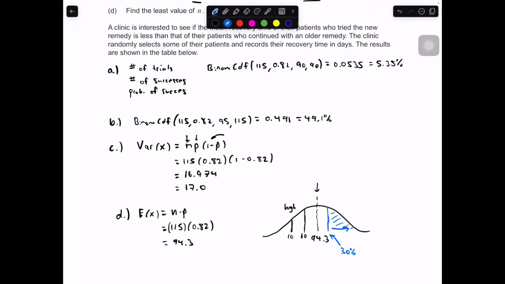So like you're in a boardroom or something like that, and you say optimistically, what is the chance that we're going to cure, let's say, 95, 96, 97, 98, 99 patients, and so on. As you get closer to this 115, you say, oh, it's going to be pretty rare.